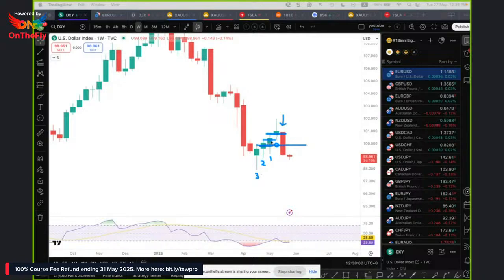We have 1, 2, 3 weeks of bullishness, and then price closed below all of them. So this 1 week erased the bullish movement of 3 weeks. It's going to be very smooth for the DXY. Hence, I think the DXY is going to continue to go down.